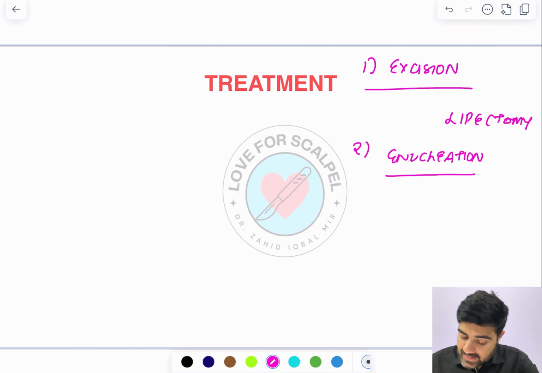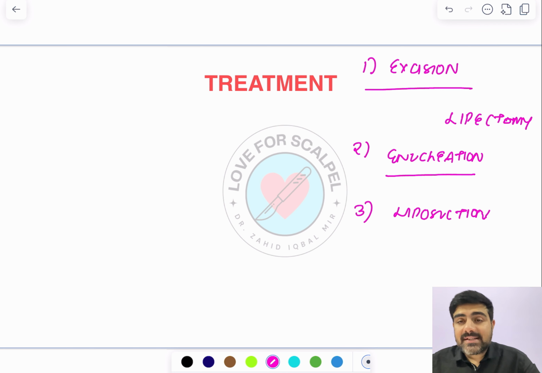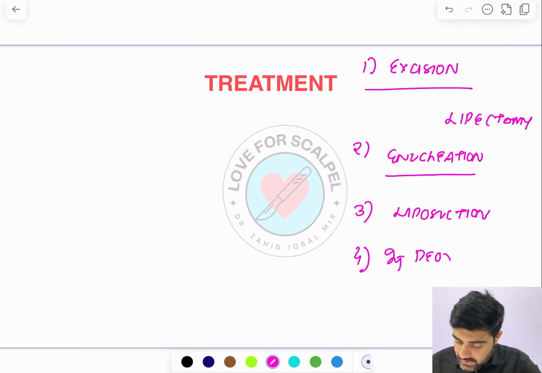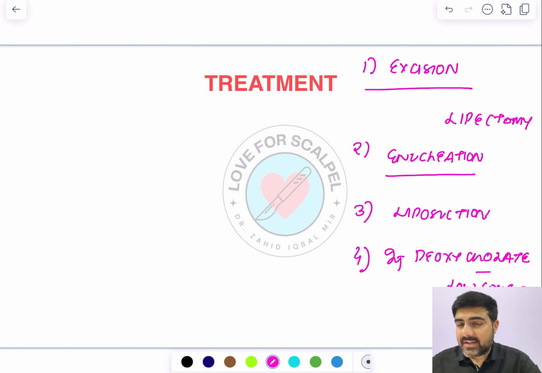The third thing is liposuction. You can combine this liposuction along with excision also, so a combined approach can be used. And the fourth thing, reported in some studies, is injection of deoxycholate in low concentration. So this is the treatment for lipoma.